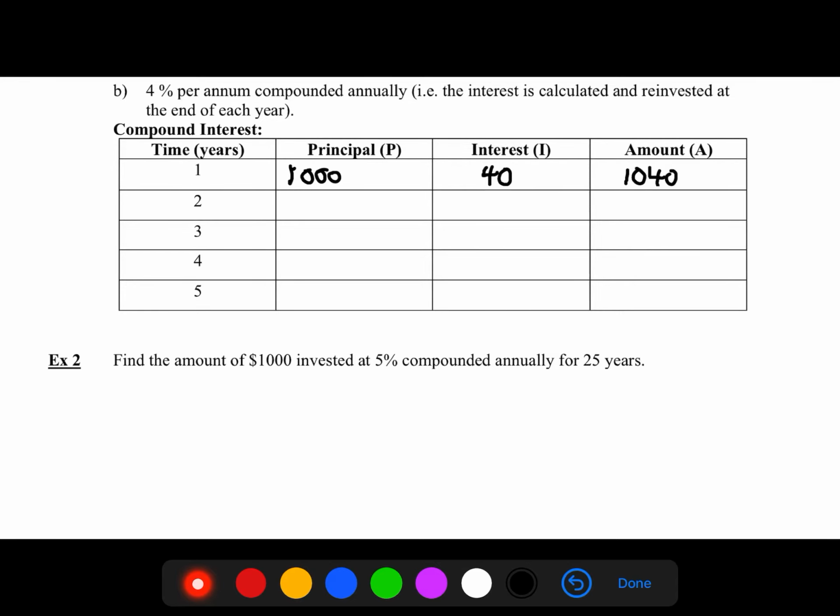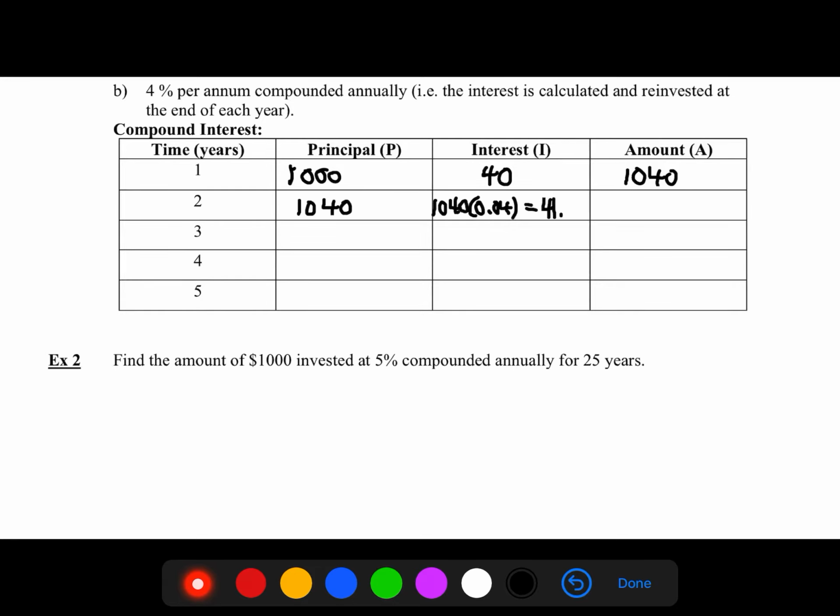So this time, we have $1,000 in the account to start with, and we're still going to have that $40 interest. So after the first year, it's exactly the same. Now, the second year, though, we now have $1,040 in the account.